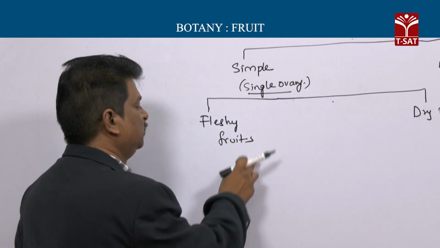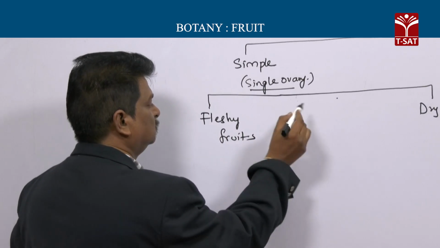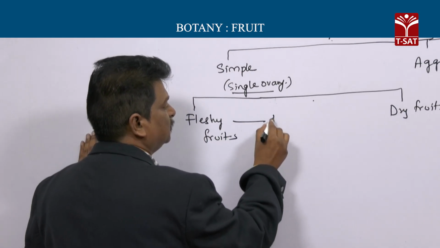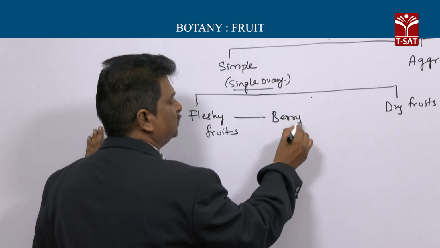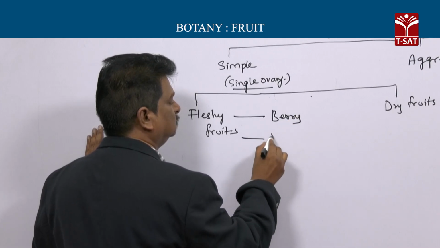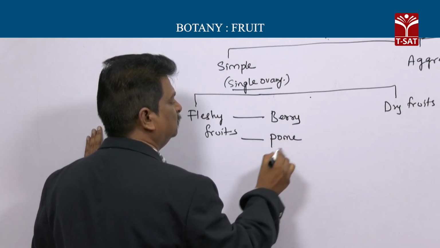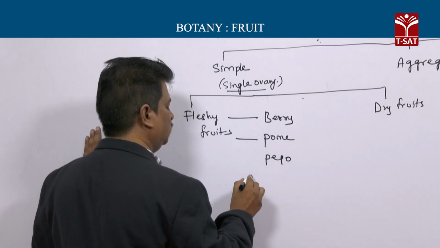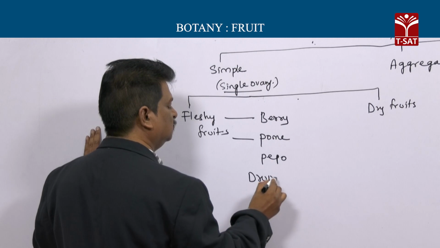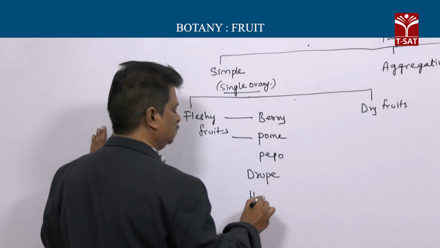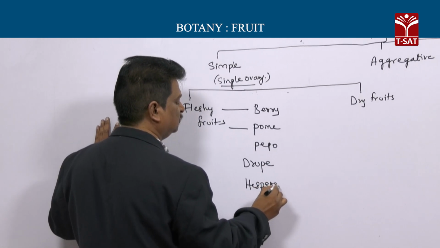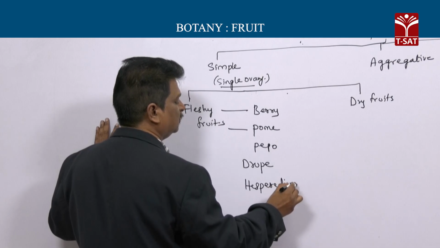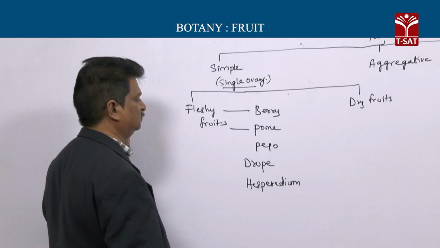Types of fleshy fruits: one is berry, then pome, pepo, then drupe and hesperidium. These are the types of fleshy fruits.